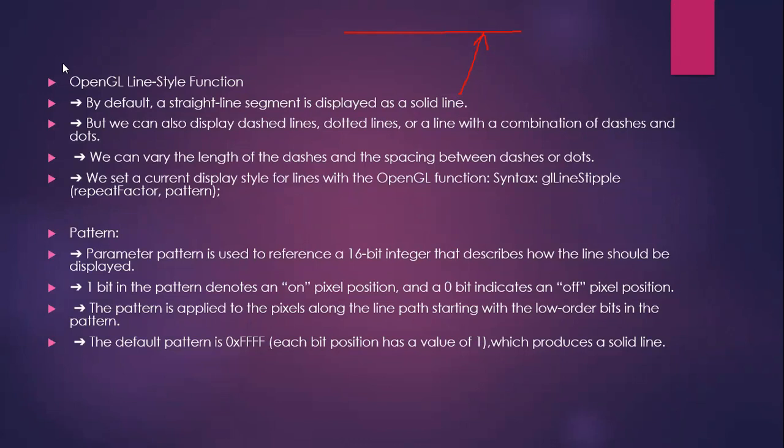We can also set the current display style for lines with the OpenGL function glLineStipple, and within the brackets the function has the repeat factor and the pattern, that is, repeat factor comma pattern. So what do you mean by pattern now?